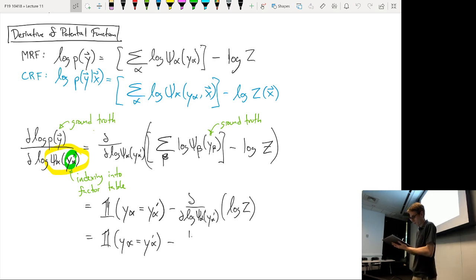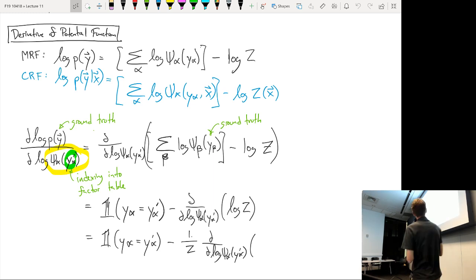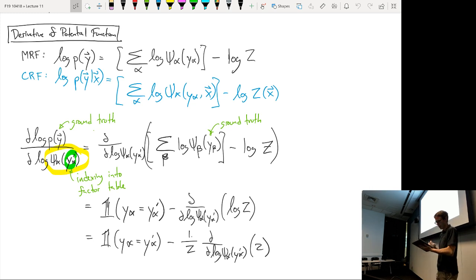So it's just 1 over z times the derivative with respect to that log of psi alpha y prime alpha of z, which is a function of potentially this and a bunch of other table entries. Okay, so now let's just compute the derivative of z with respect to that log of the psi alpha y prime alpha.